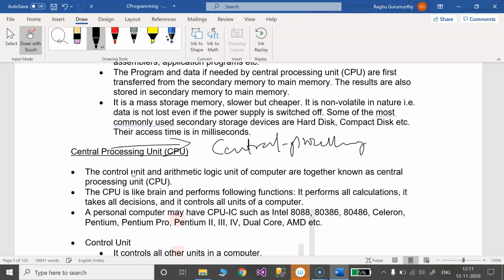Suppose we give input, this input is processed in the central processing unit and it gives output. This is what we need to know with respect to the CPU. The central processing unit consists of the control unit and the arithmetic logic unit. By combining these two, we consider this as the central processing unit.